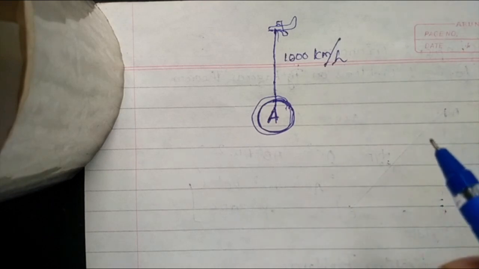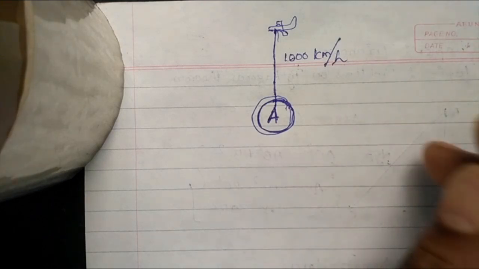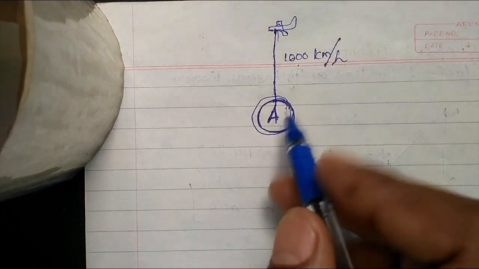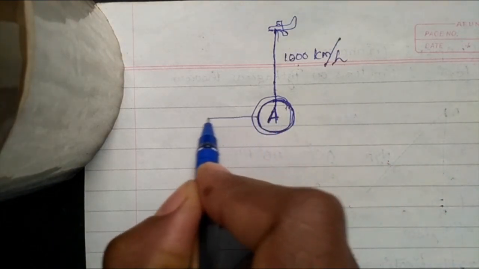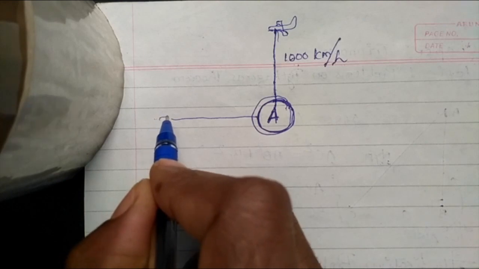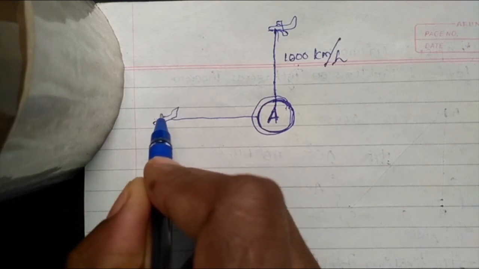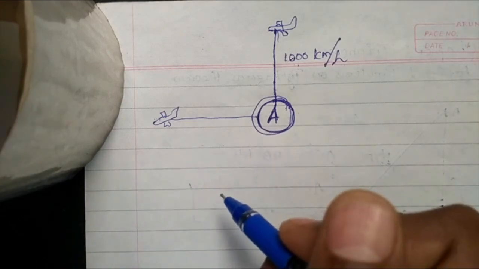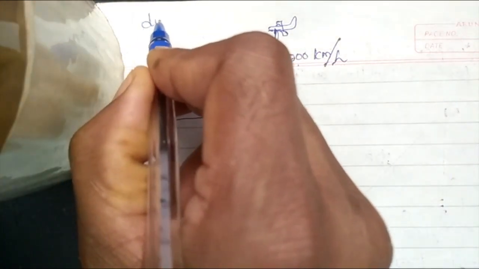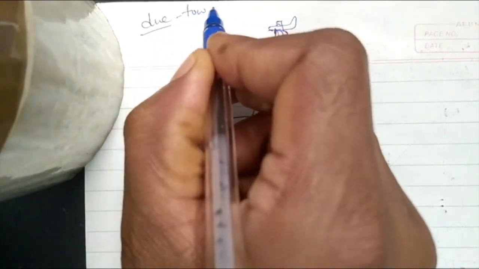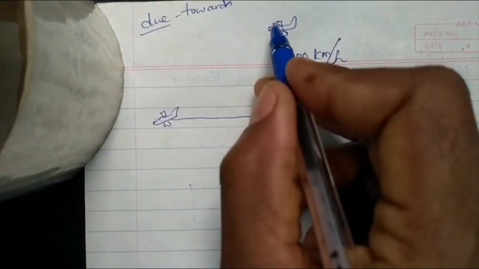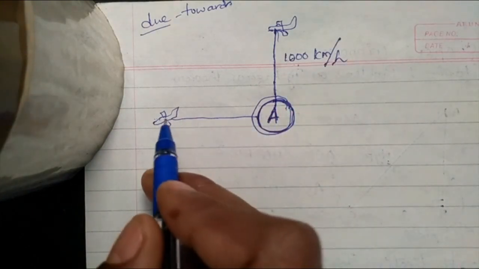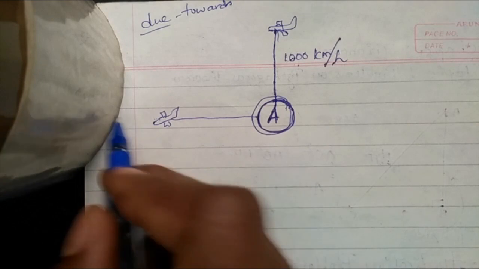At the same time, another aeroplane leaves the same airport and flies due west. Due west means towards the west.